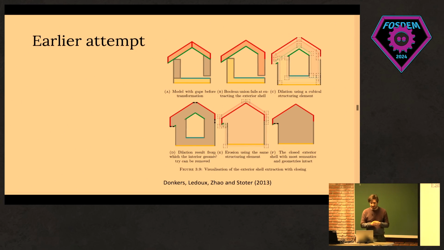So earlier attempts made the performance problem even more extreme by using a Minkowski sum. So you have a kind of padding volume that you apply to every element, enlarge it slightly, and then union them together, and then shrink.